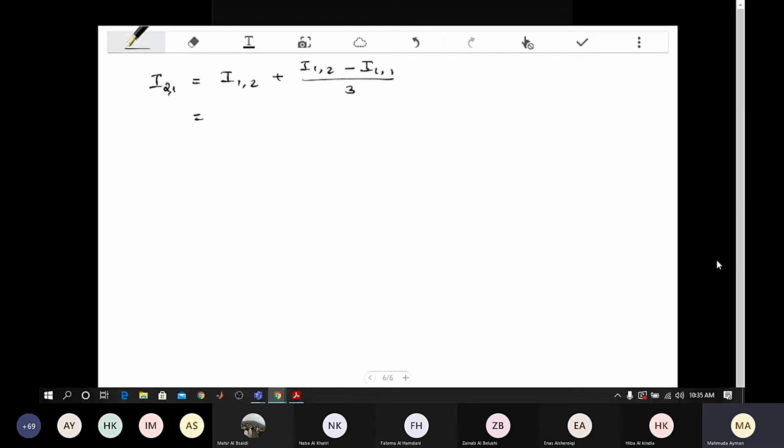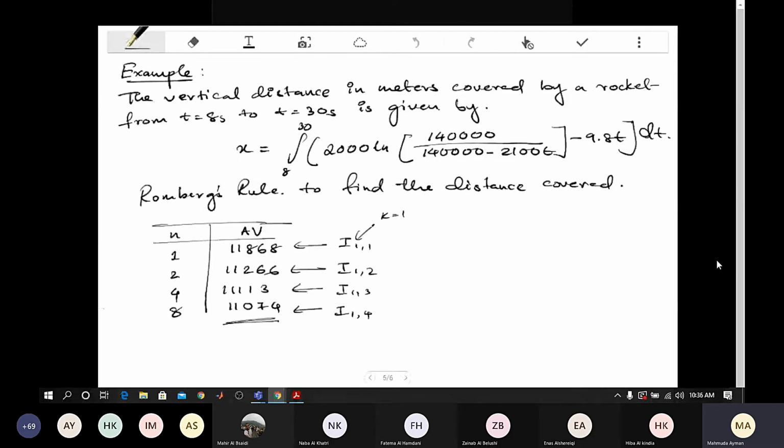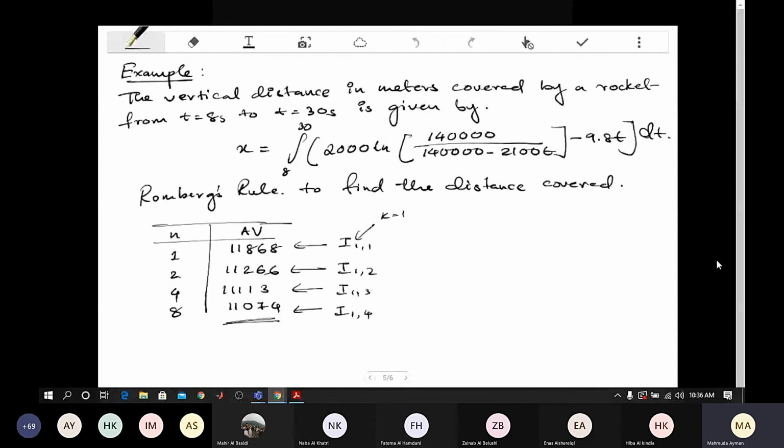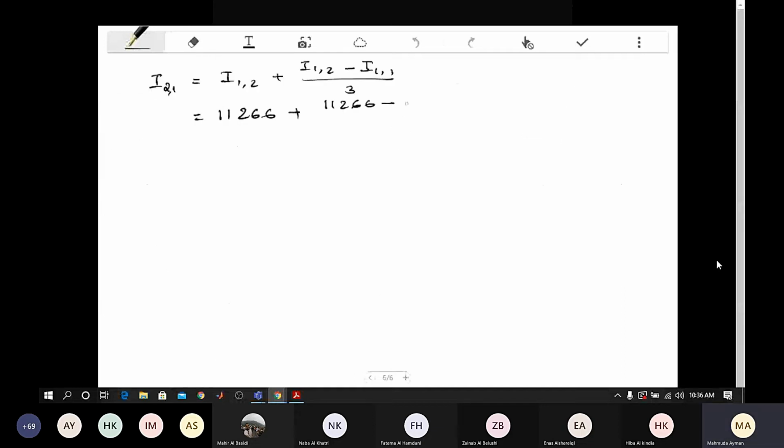I1,2 is 11266, so we have 11266 plus 11266 minus I1,1, which is 11868, divided by 3. This gives you the answer as 11065.